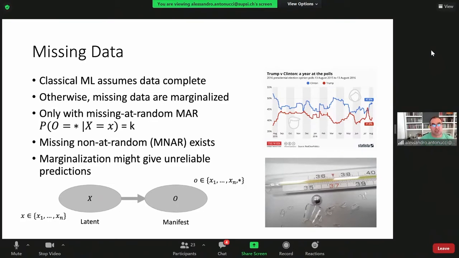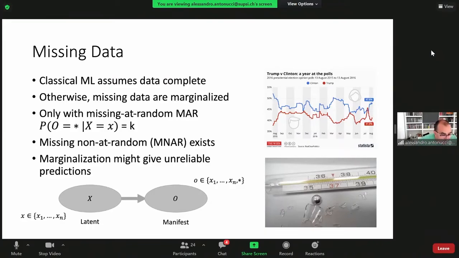But okay, this is just a stupid example to say that the classical assumption justifying the marginalization of missing data is the missing at random assumption, which basically means that the probability of observing a missing value is independent of the actual value of the variable you want to observe. This assumption, of course, is not always realistic.